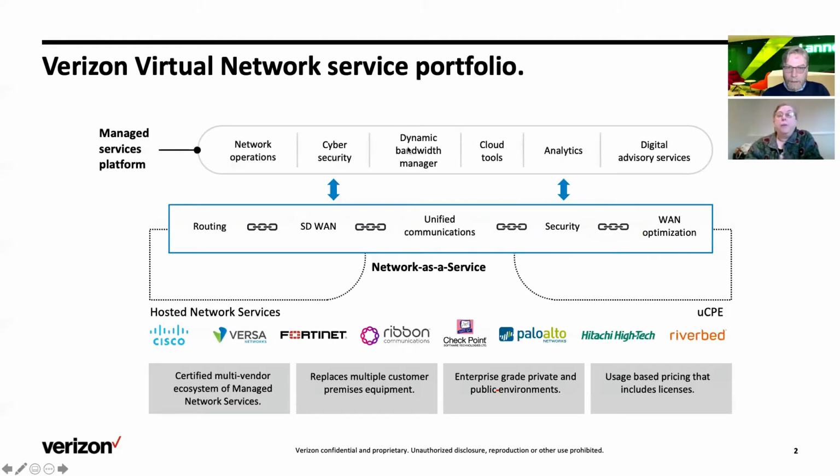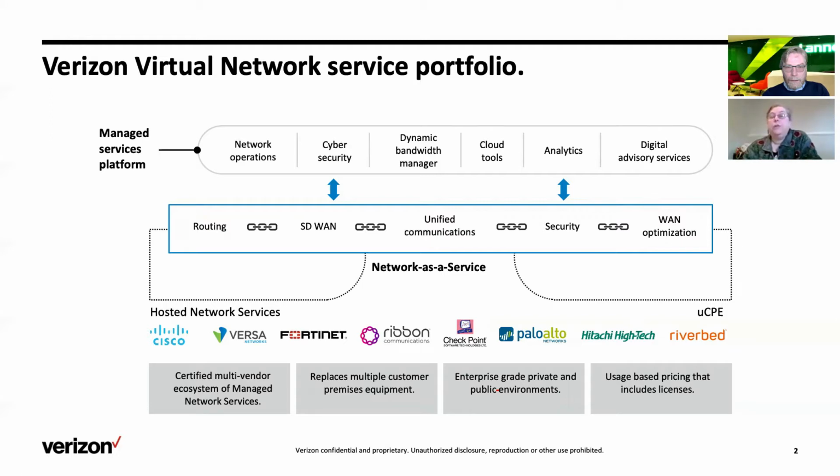So we have managed services on top. So we have the network operations, analytics, all those other services, including, of course, some professional services for customers that need a little help. And then the network services, think of it as network as a service. We have routing and, of course, SD-WAN and security, which are the most popular combination.